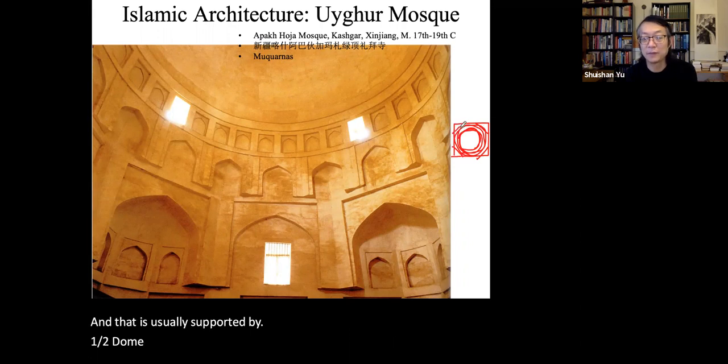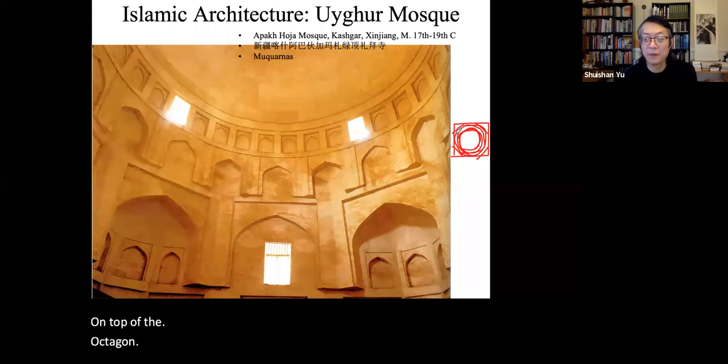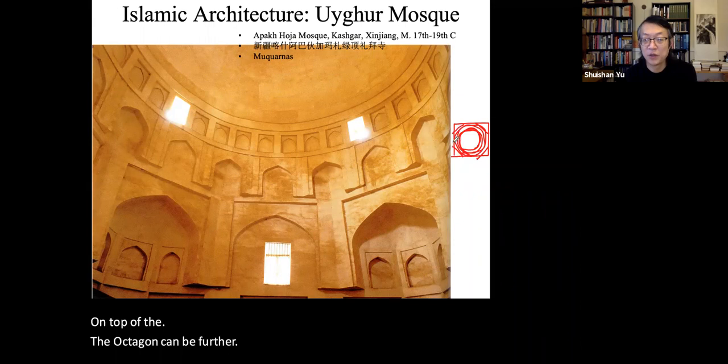And that sometimes on top of the octagon, the octagon can be further bridged into a 16-sided polygon that is even closer to a circle.